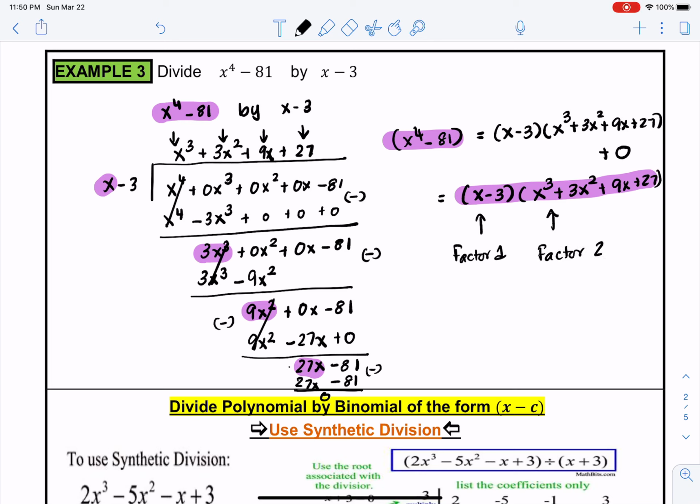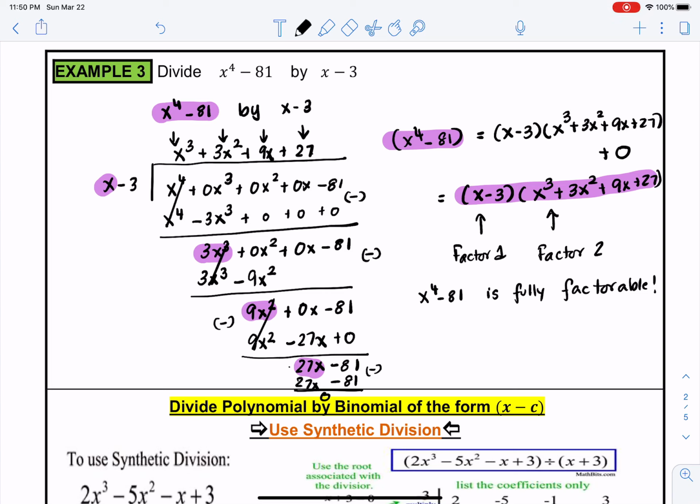And since we don't have a remainder, we successfully wrote the original function as the product of two factors. So x raised to 4 minus 81 is fully factorable. If you look at the previous problem, it was not factorable.